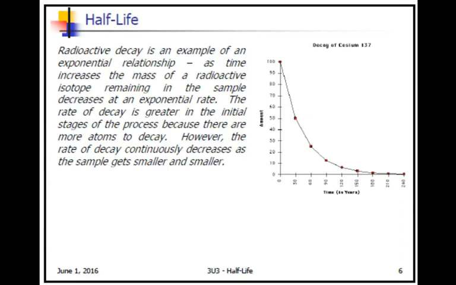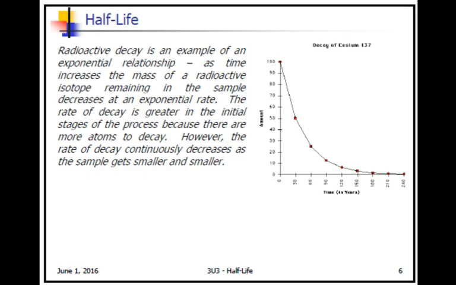So here's what a half-life equation would look like if we graphed it. That is an exponential equation, and you can see that it's going down. I think it's actually a logarithmic equation.